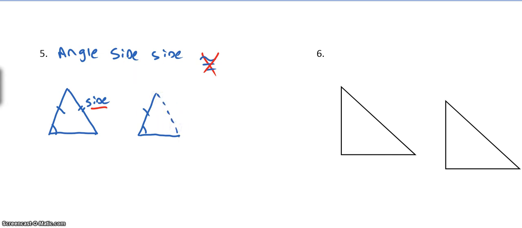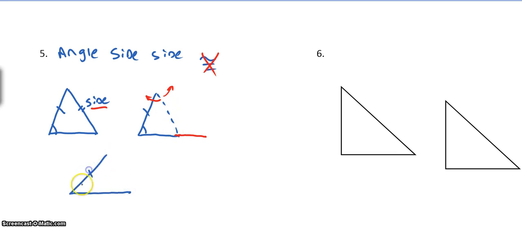So now, what it's saying is that this angle and this side are locked in place, because that's what this says. It has to be the same. But what happens is this angle can actually flex back and forth. So this side could swing either out or in, and there's nothing constricting it, because those don't have to be the same. Those angles could potentially be different using this method. So angle side doesn't work, because what if I did this?